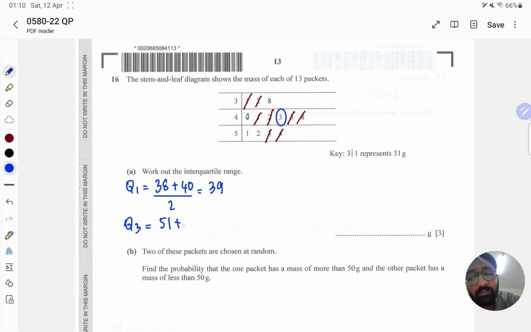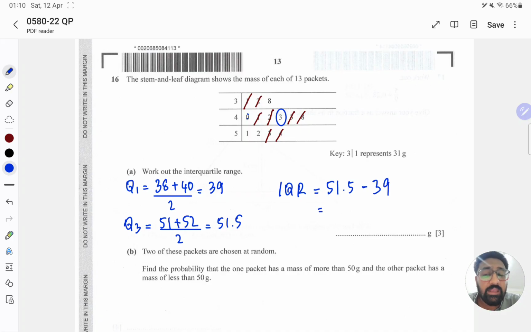So 51 plus 52 divided by 2, which is going to give me 51.5. So for finding out interquartile range, I have to subtract the upper quartile minus the lower quartile. So 51.5 minus 39 is going to be 12.5. So 12.5 will be the interquartile range.